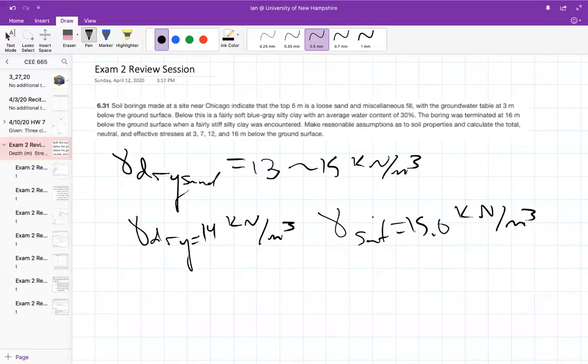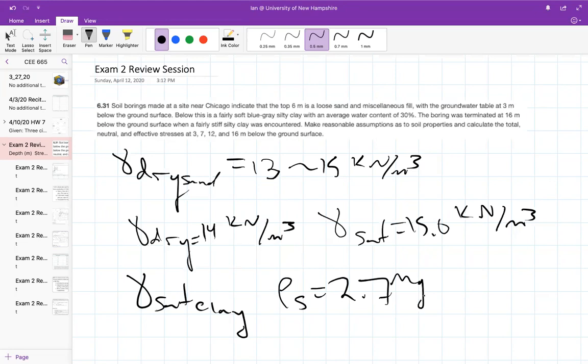And we're going to use phase relations to estimate the saturated unit weight for the clay. We're going to assume for the clay that rho S equals 2.7 megagrams per cubic meter.